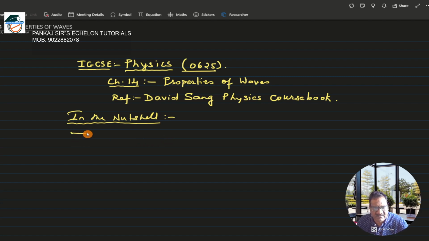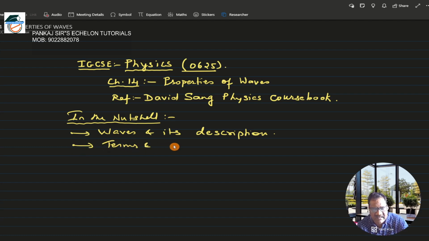Number one is something about waves: what waves are, and their description. Then the second thing you are going to study is the different terms and terminology of a wave.